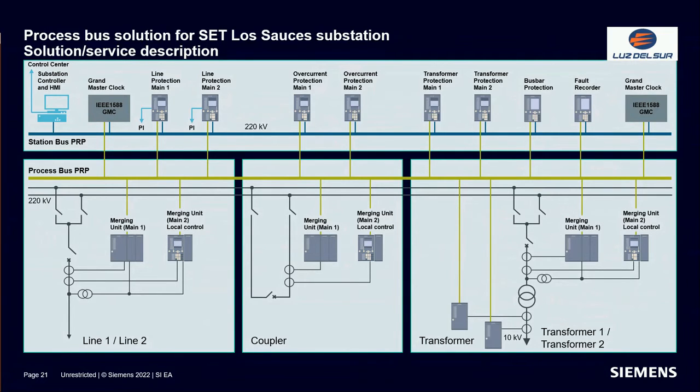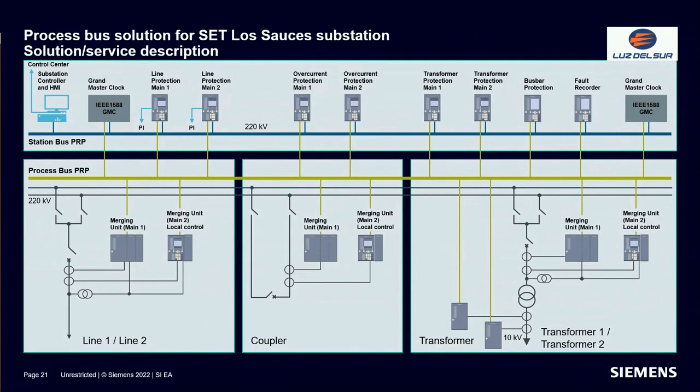The communication between these two kinds of devices, merging units and protection relays, is done by a process bus network. It's an Ethernet process bus in PRP topology, where sample values and GOOSE messages are shared between these devices.